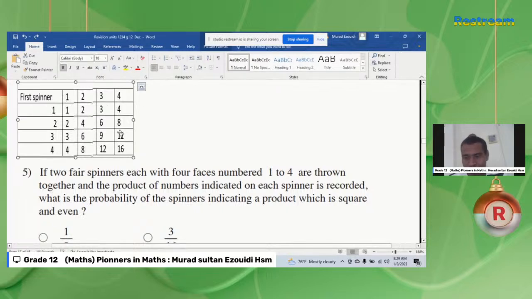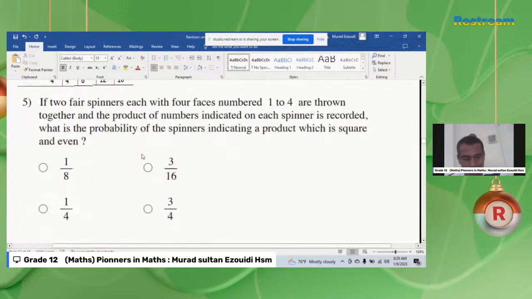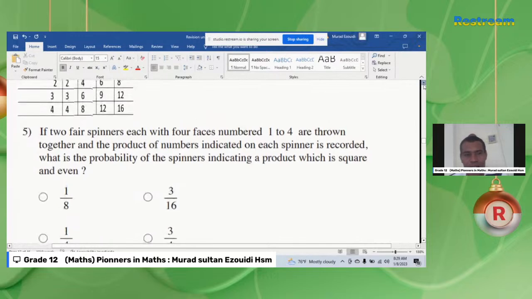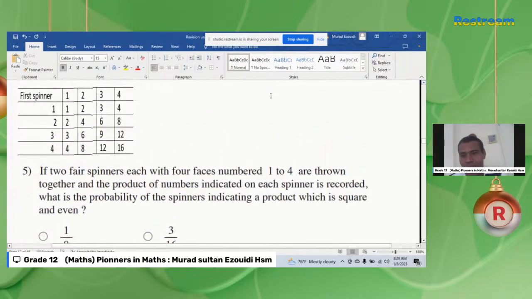Therefore, I'm going to first of all find the possible outcomes. You can see that if you are going to count how many possible outcomes we have, 16, simply because 4 multiplied by 4 is 16.